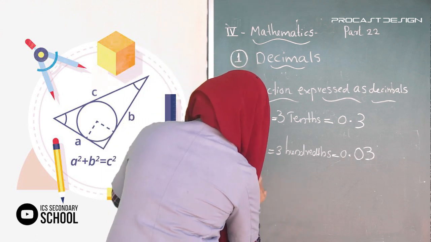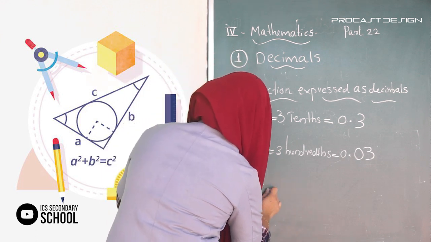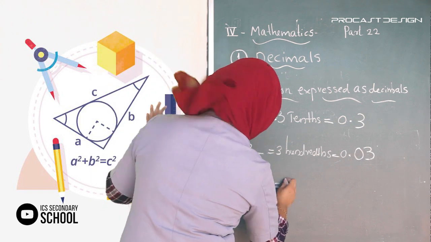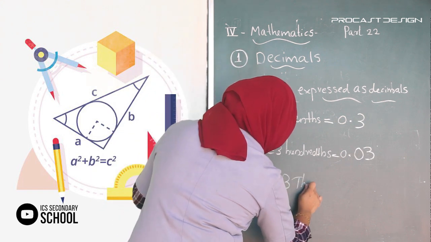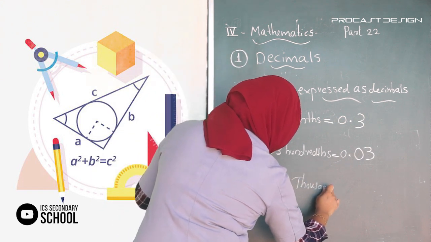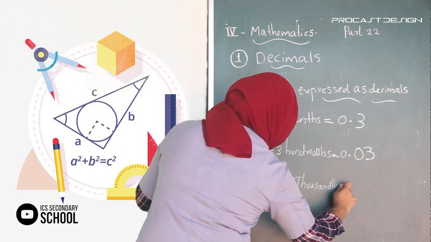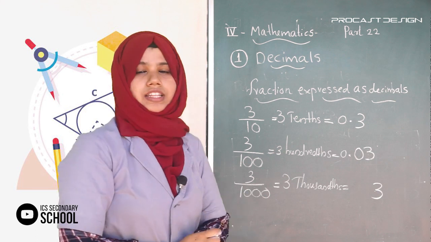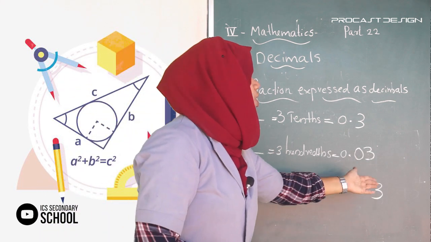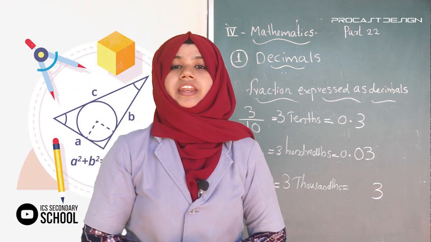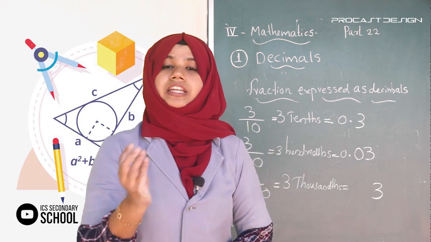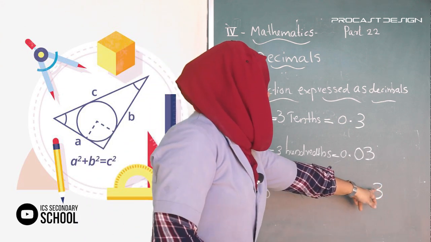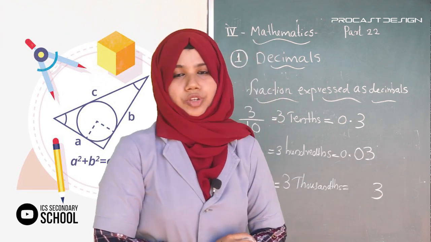The same number, 3 by 1000, 3 thousandths. So we write the numerator first. How many zeros are there? 3 zeros. So we put the decimal point 3 digits to the left of the numerator.